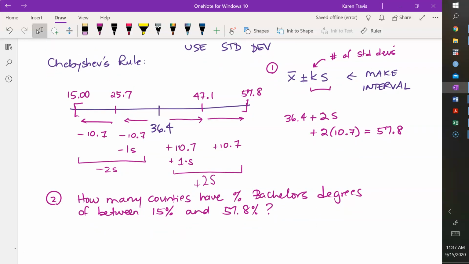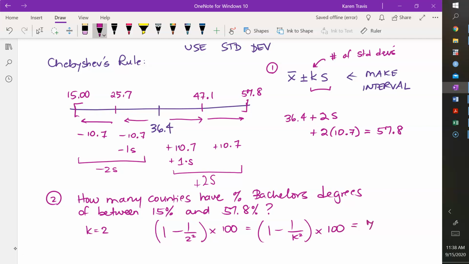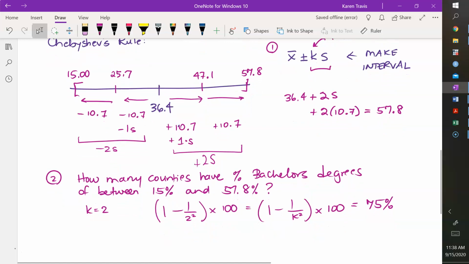What the theorem tells us is if we used 2 standard deviations, then if I plug in 2 to their formula, it's going to tell me 75%. This works out to 3/4.